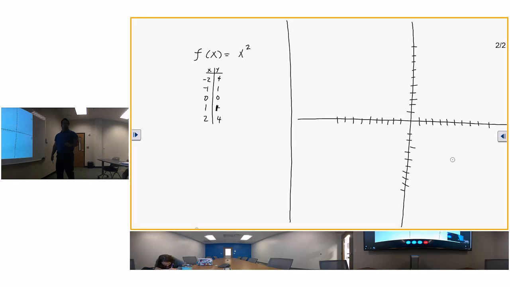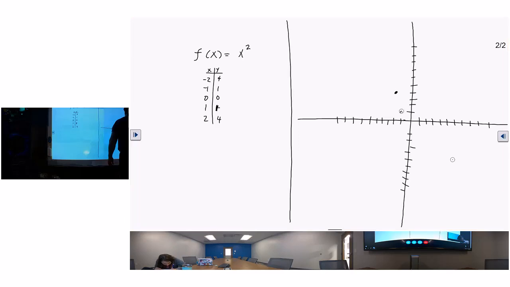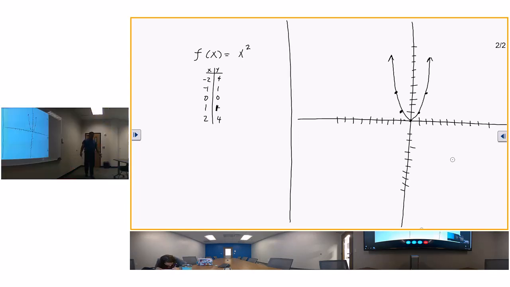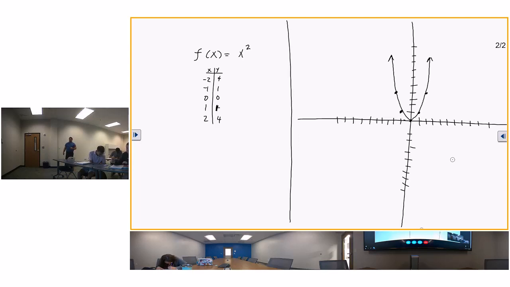I go over here and I plot those points: -2, 4; -1, 1; 0, 0; 1, 1; and 2, 4. And I told you, that's the basic model, Hubert. That's the parent graph, f of x is equal to x squared. I want you to draw that in pencil or black because that's your basic model. We're going to compare everything we do with that function.